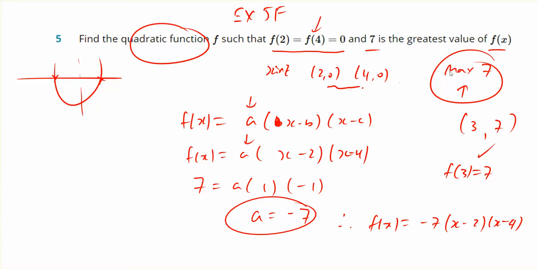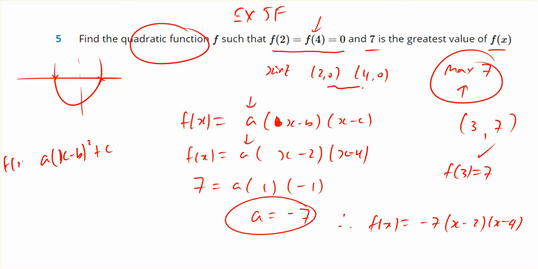Now, the other way you can do it is you don't have to use the x-intercept model, like the factor form model. You can use another model, the turning point model, a(x - b)² + c.